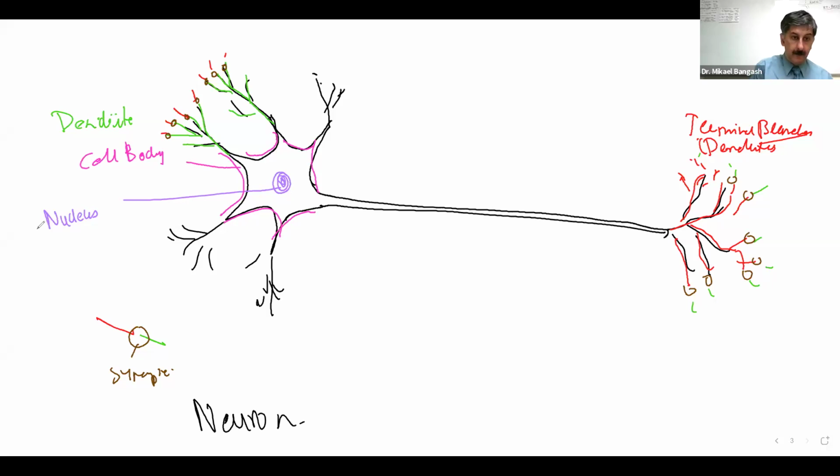Now, guys, what we see here, it may look like a bigger or longer tail. So this structure here is actually what we will call the axon. Now, just to describe how the signal flows in, let's say this nerve here.